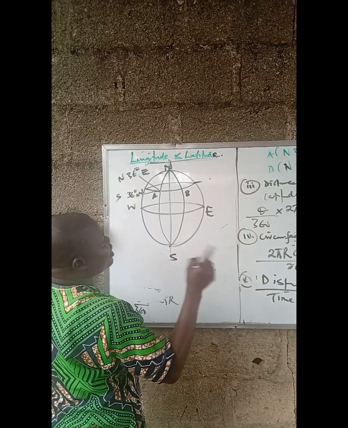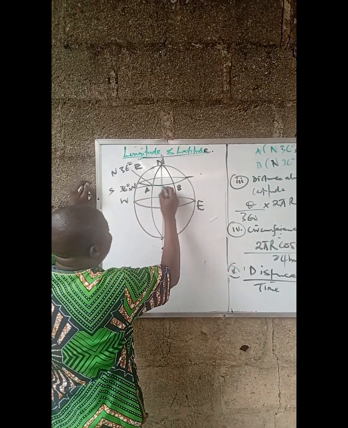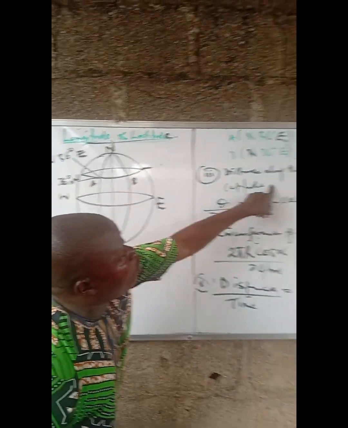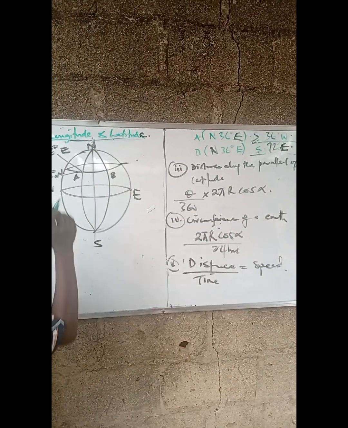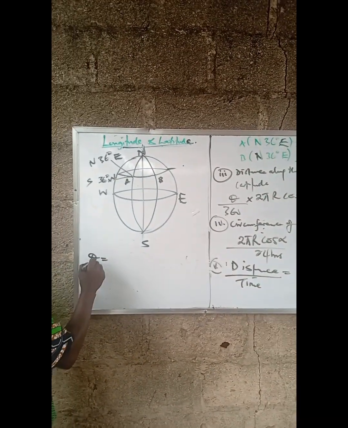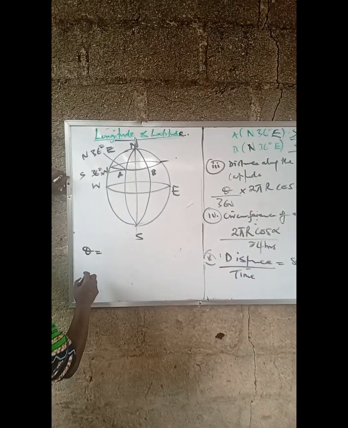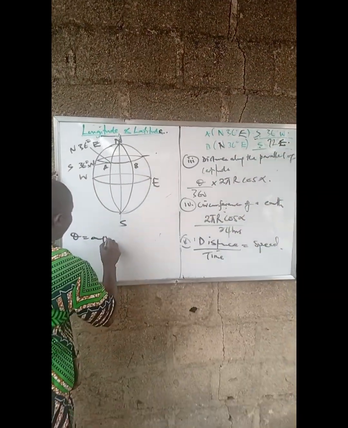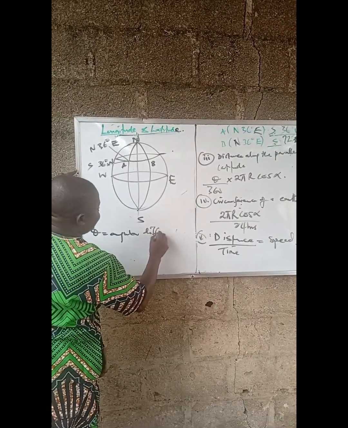It means the distance between A and B is on the parallel of latitude. Now, if it's on the parallel of latitude, this is the formula you are going to use. So let me just do the intro. Now, alpha will be the angular difference. What is the angular difference?